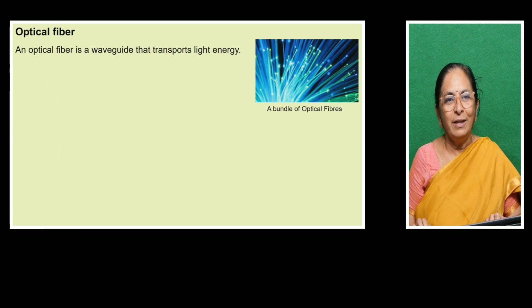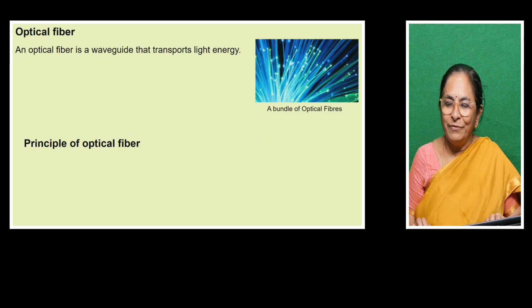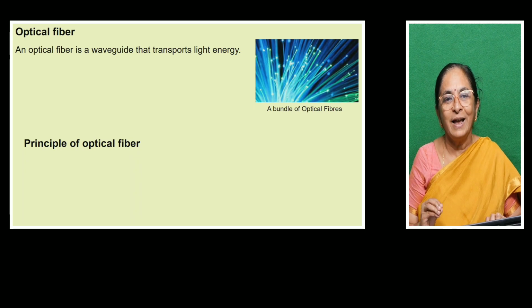So they are very thin, and they are very flexible. They are made out of glass or plastic, and they are drawn into thin strands whose diameter will be little higher than the thickness of the hair.